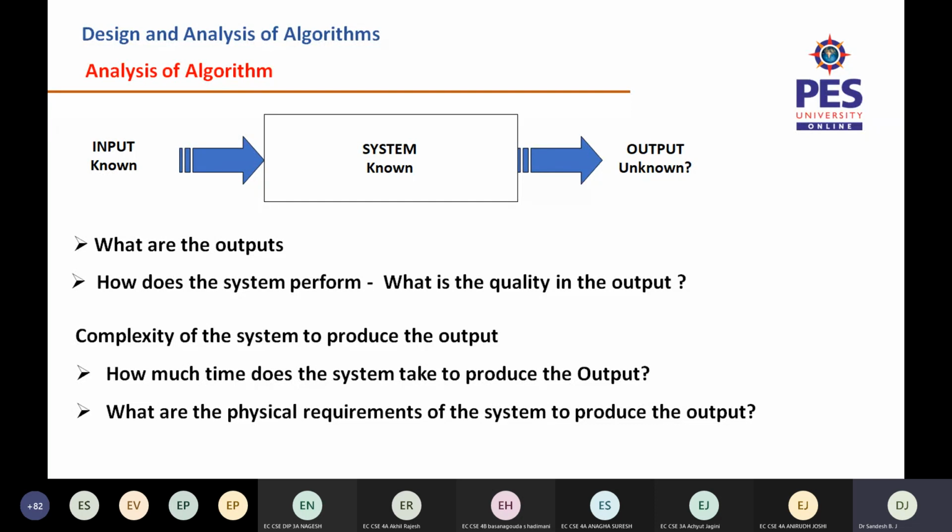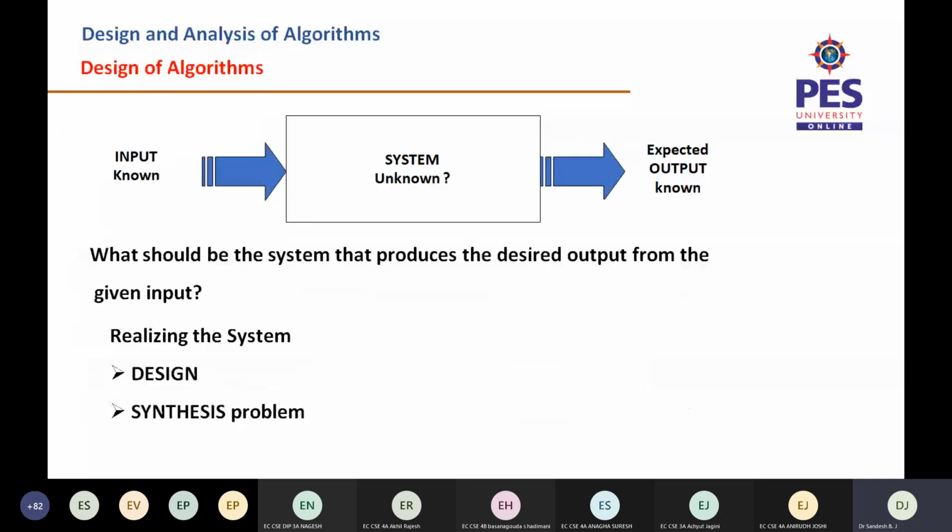Performance in terms of space and time: the physical requirements of the system to produce the output and how much time it takes. That's the main goal of your analysis. You are going to see what kind of output you are getting, and in terms of time and space.